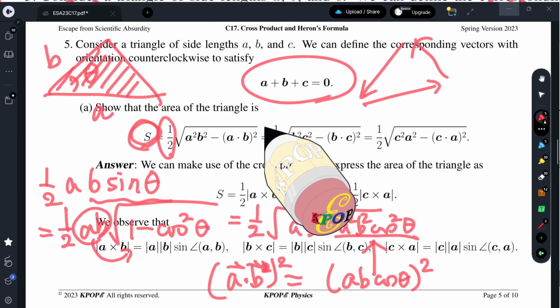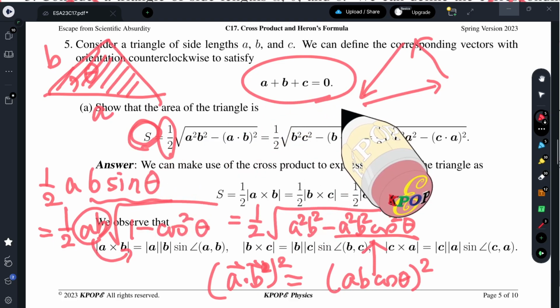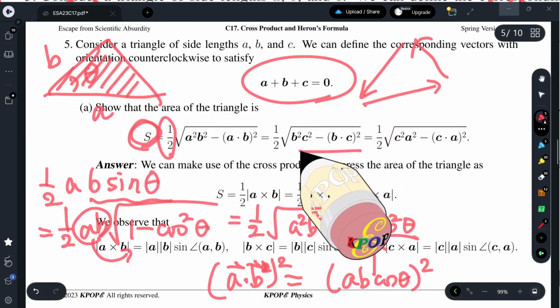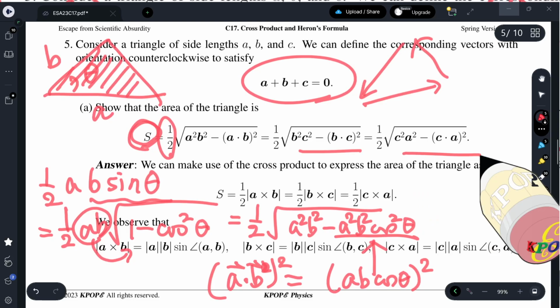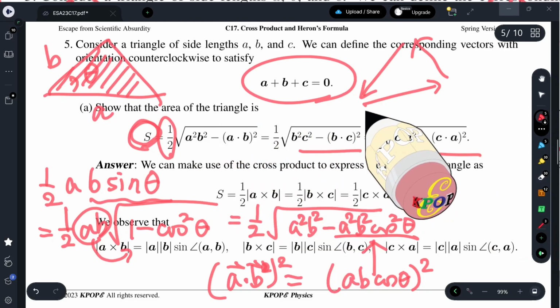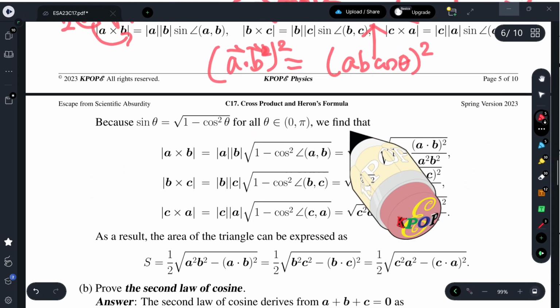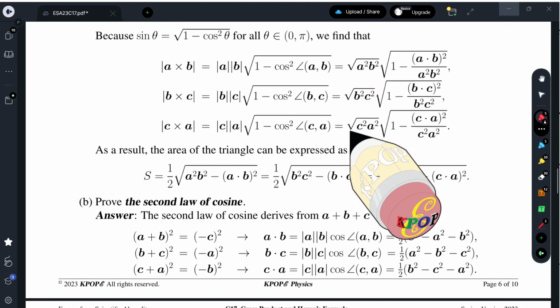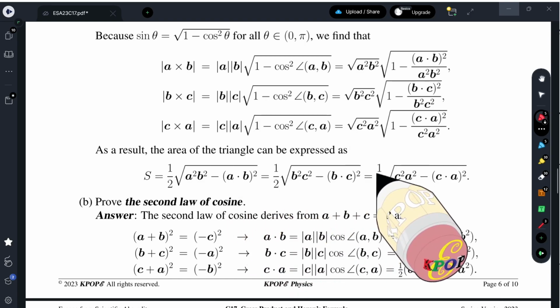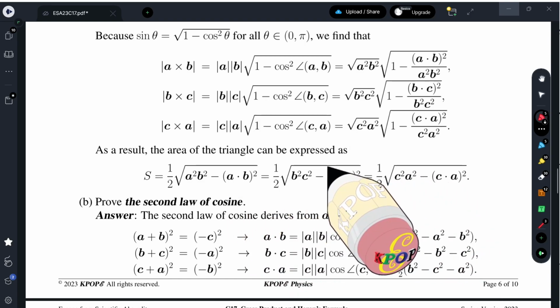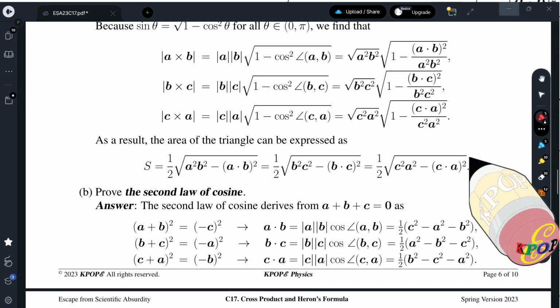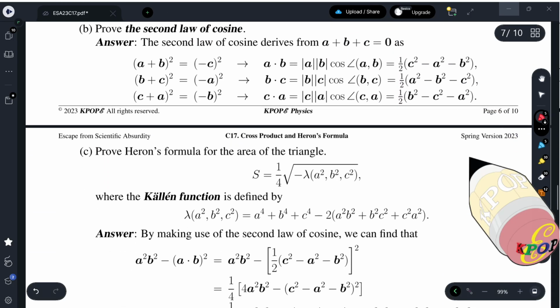This is true for any case: AB, BC, and CA. Okay, that's it. We have shown everything. Next we consider the second law.